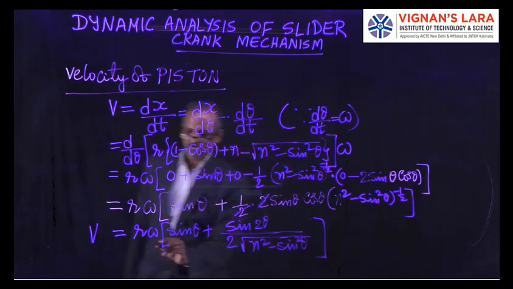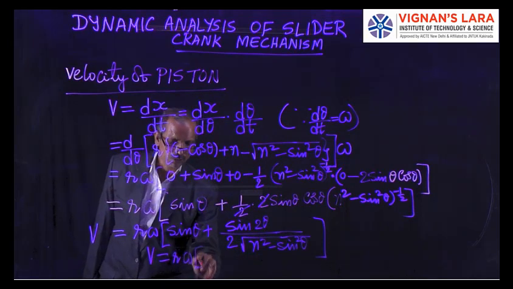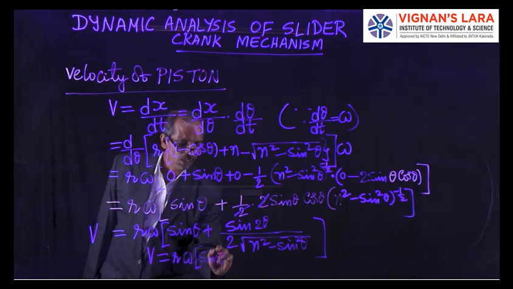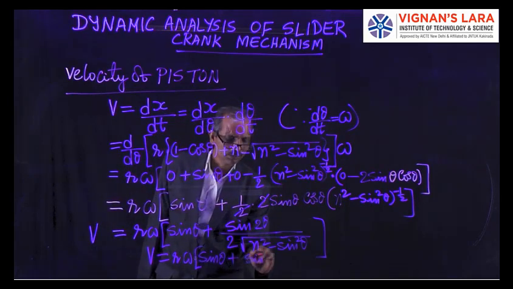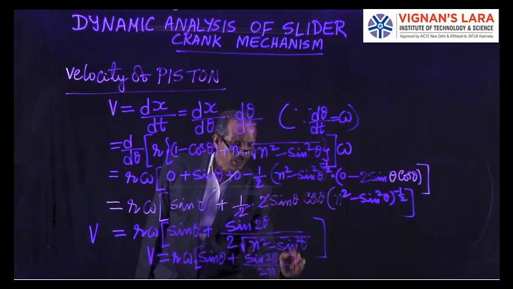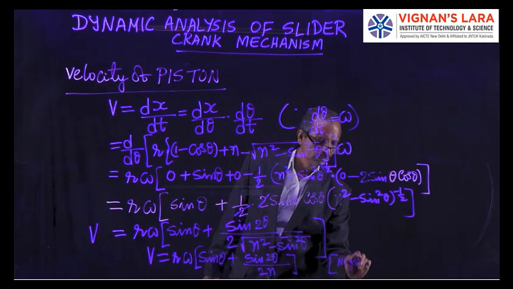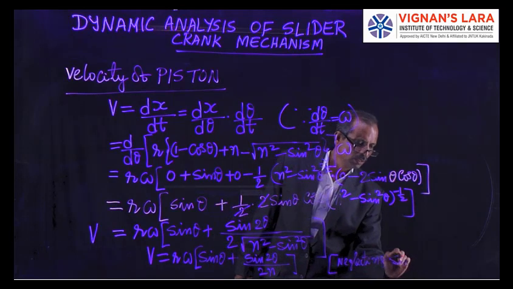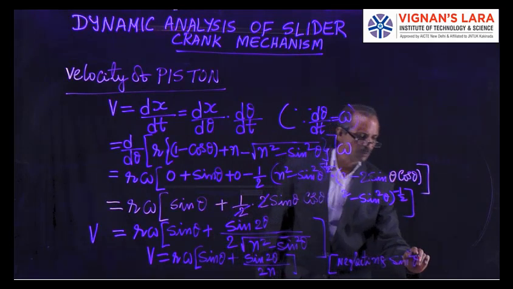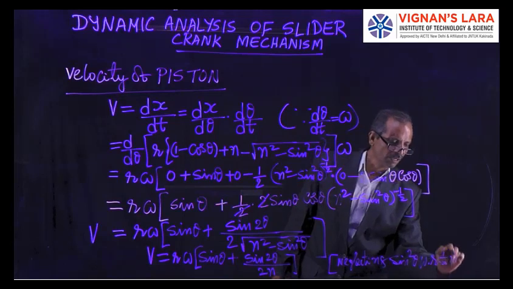So I can write v is equal to r omega into sin theta plus sin 2 theta by 2n. How? By neglecting sin square theta with respect to the n square value.